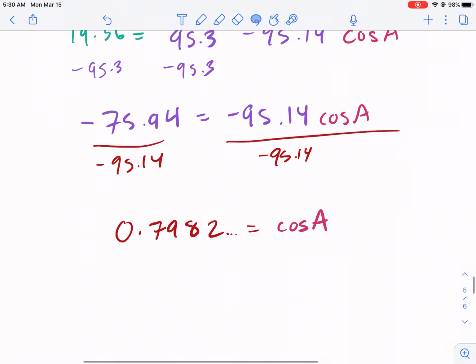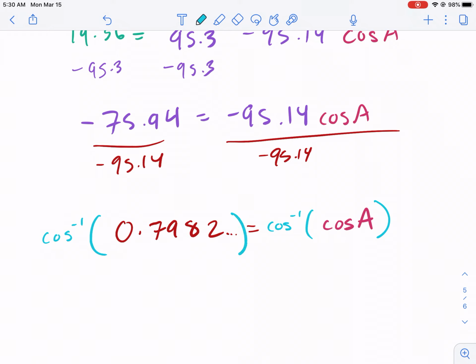Now, in order to get the A by itself, right now it's being cosined, so I need to take the inverse cosine of both sides to get rid of that cosine of A. So just leave it stored on your calculator, and now I'm going to do the inverse cosine of 0.798, and so on.